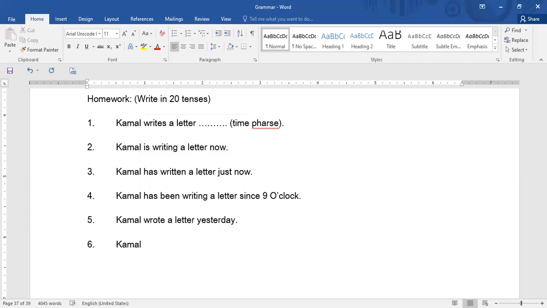Kamal is the third person singular, so it should be changed into... others, tell. Kamal, past form. Continuous, no? So the verb form should be present participle, ing form. You can only change the helping verbs.